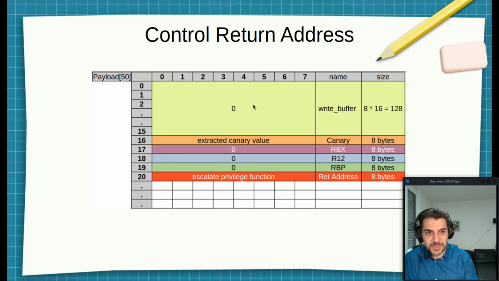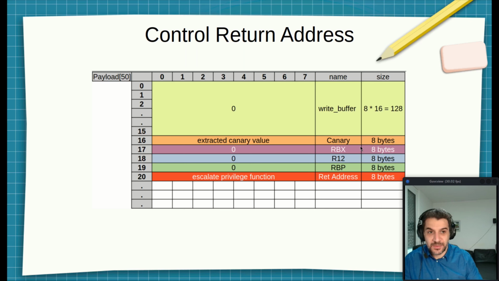Here is another representation of the stack, but here I'm considering the data types of C. The reason for that is that we are writing our exploit in C, and here I'm using unsigned long. So I will declare an array of type unsigned long, and for the write buffer, for example, we need 128 bytes, so that means 16 times 8, that gives us 128 bytes.